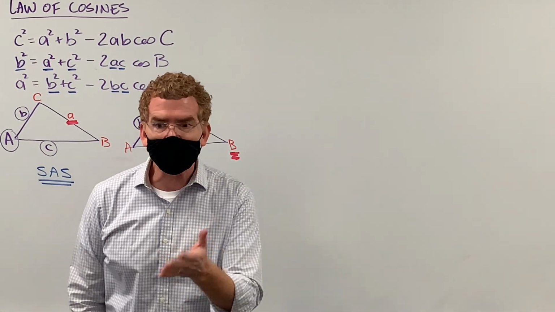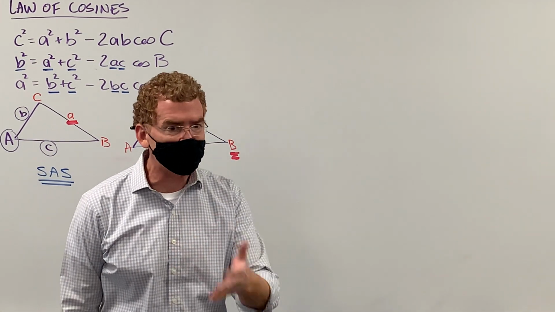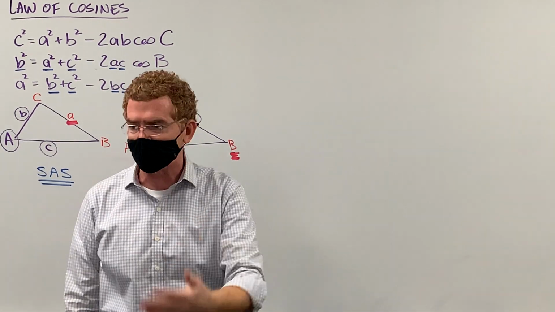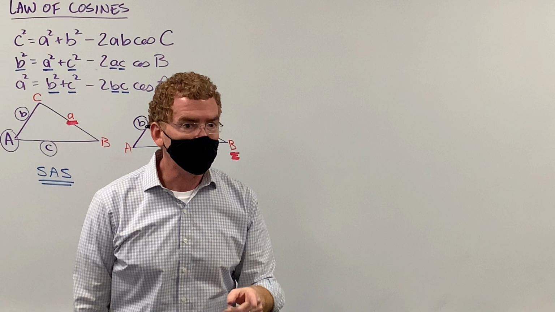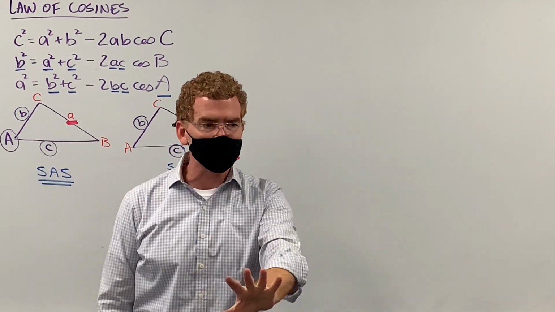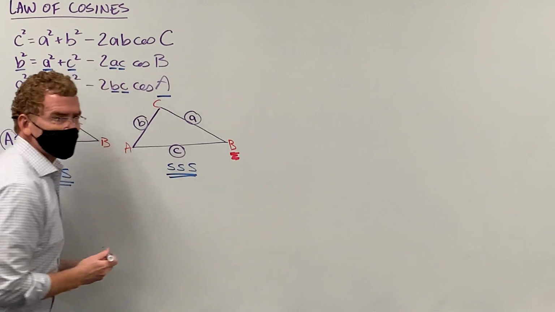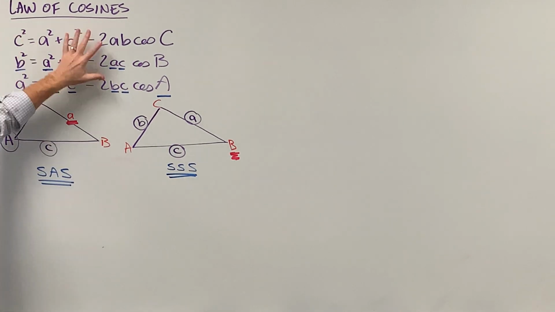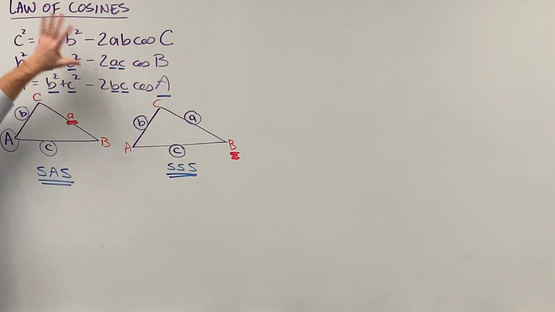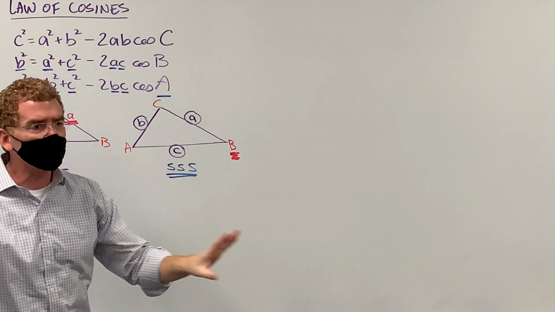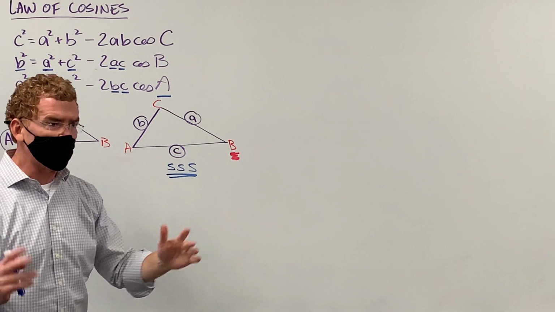So the law of sines would never allow me to find obtuse angles. It can't. The calculator will not spit it out. That's a problem for us, and we've got to learn to navigate that. But if I'm dealing with side, side, side, or side, angle, side, you can start and finish, if you want, with the law of cosines. And if you continue to use it and never go back to law of sines, you're fine.